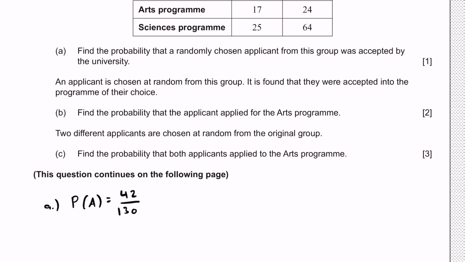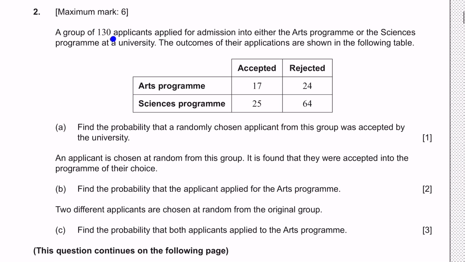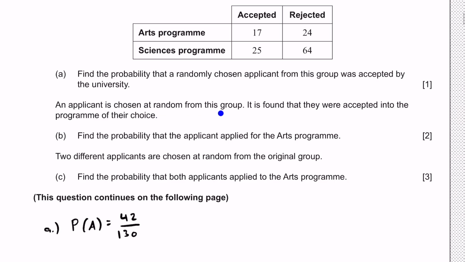So in this case, we have the group of 130 applicants. An applicant is chosen at random from this group, but then it is found that they were accepted into the program of their choice. So it's almost like we have "given that they were accepted, find the probability that the applicant applied for the arts program."